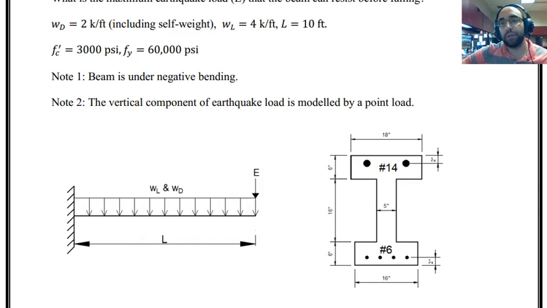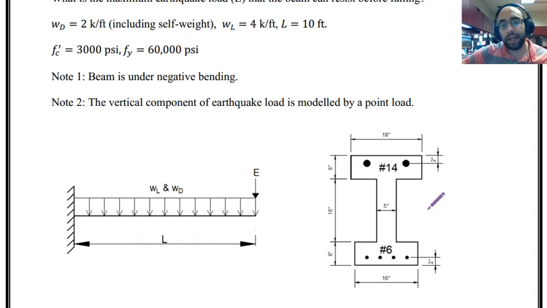But in this example, I'm using this section just for the sake of analyzing the section and understanding the analysis procedure for a different configuration of reinforced concrete sections. So you can see we have an I shape section. The flanges at the top and bottom have different width values. At the top we have 18 inches, at the bottom we have 16 inches.